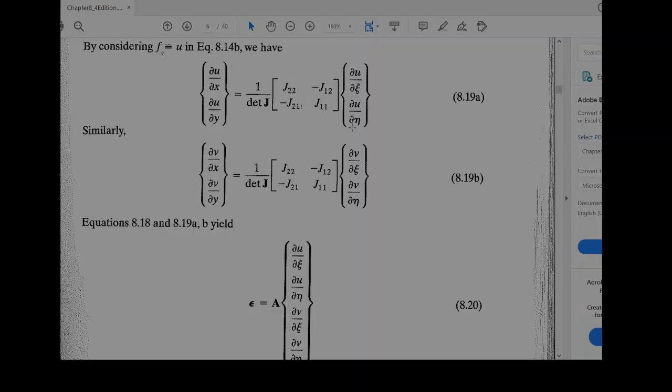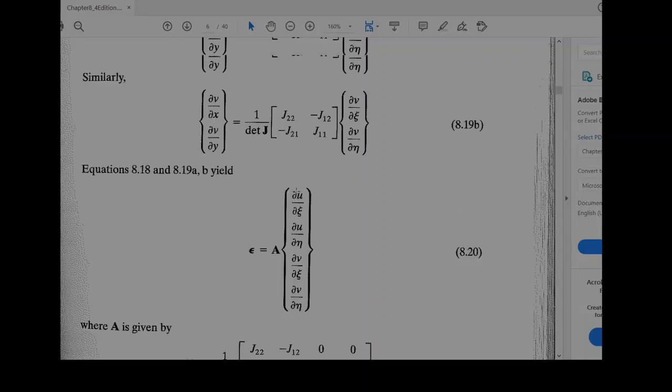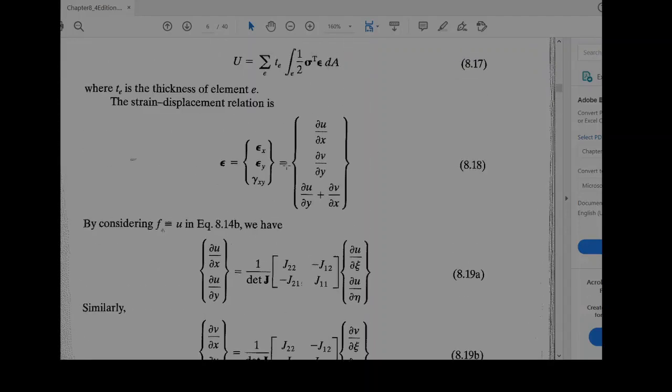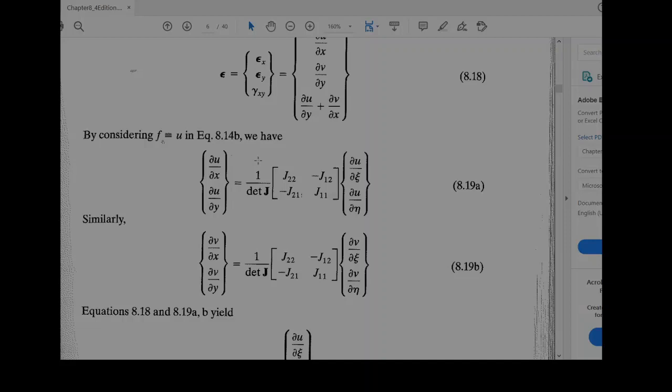This times this. I can also see that du dy is equal to those two terms multiplied by this. So where's this strain measure that we have?